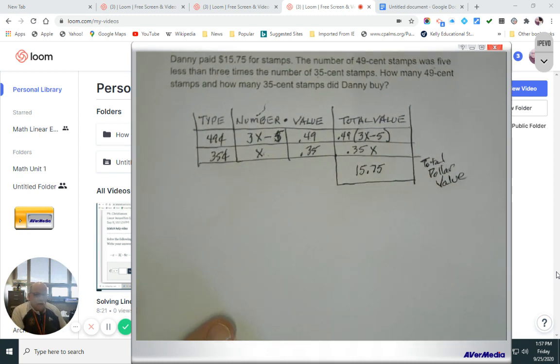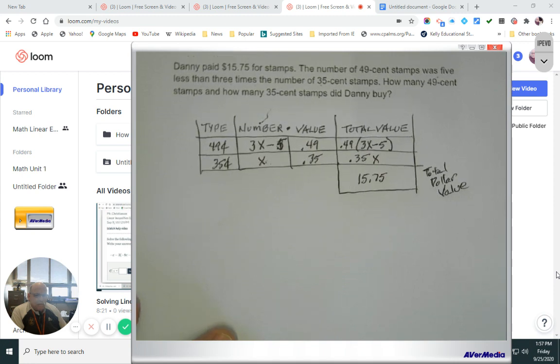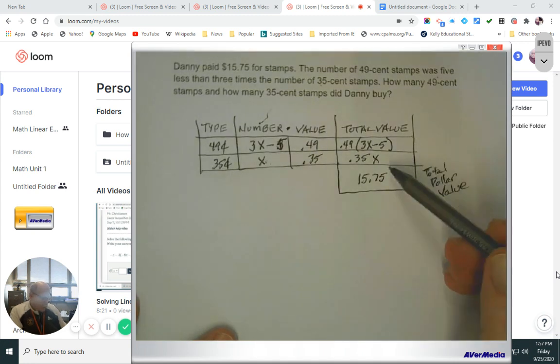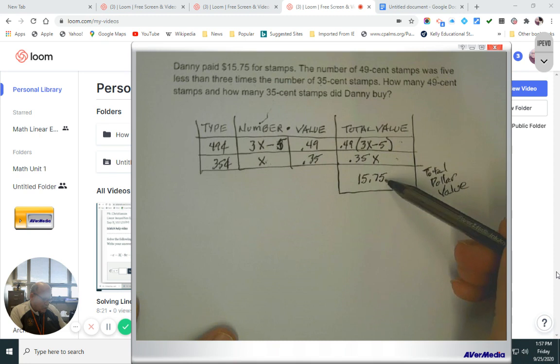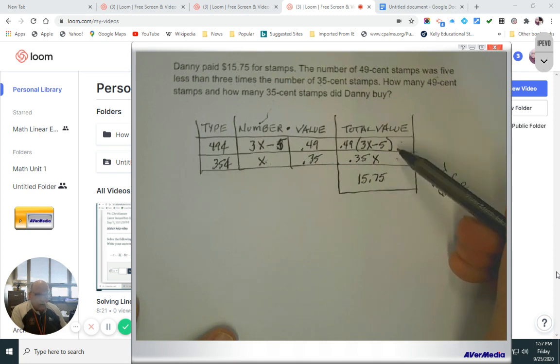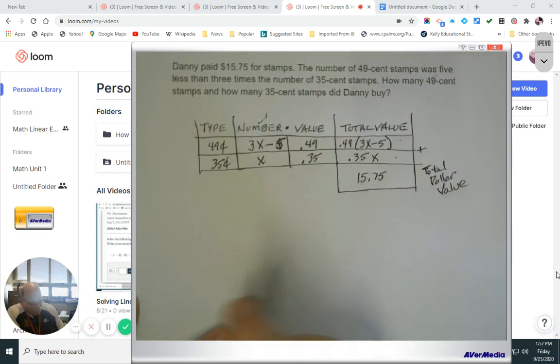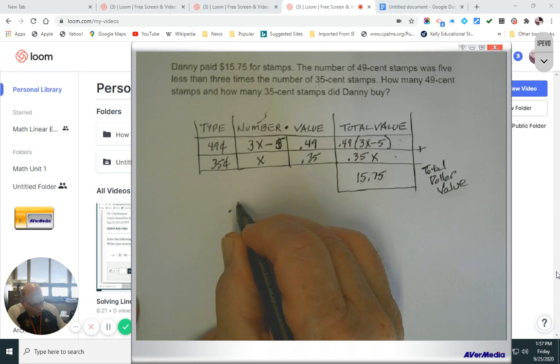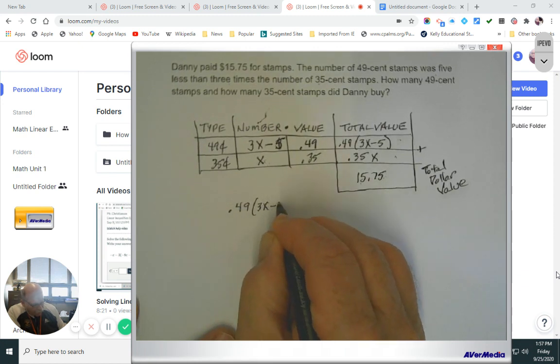Now, if we knew exactly how much this was and how much this was, they'd have to add up to get this. We do know how much they are, just in terms of the variables, so we're going to add those together to get 15.75. And that is what we're going to use to solve this problem.